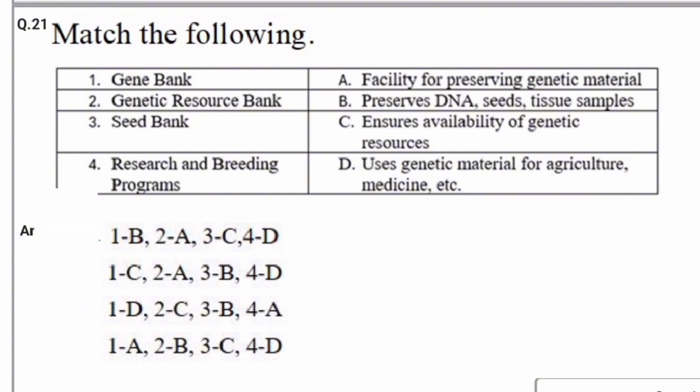Genetic resource bank is related to a facility for preserving genetic material. Seed bank is related to ensuring availability of genetic resources. Research and breeding programs is related to using genetic material for agriculture and medicine, etc. For this, the correct answer is the first one.